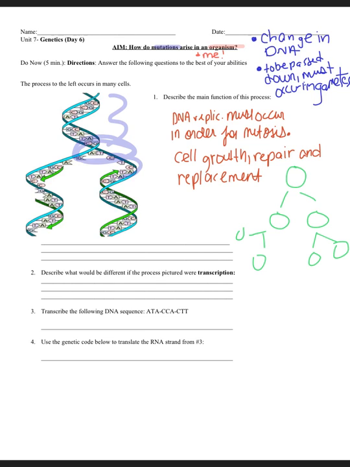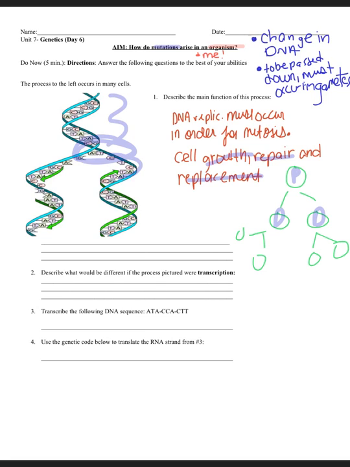Okay, again, mitosis is cell division, and cell division is responsible for cell growth, cell repair, and cell replacement. As you can see to the right, I drew a little diagram of cell division, and we see here we start with the parent cell, then we end up with a daughter cell, and each daughter cell is special because it has the same exact genetic information as the initial parent cell.